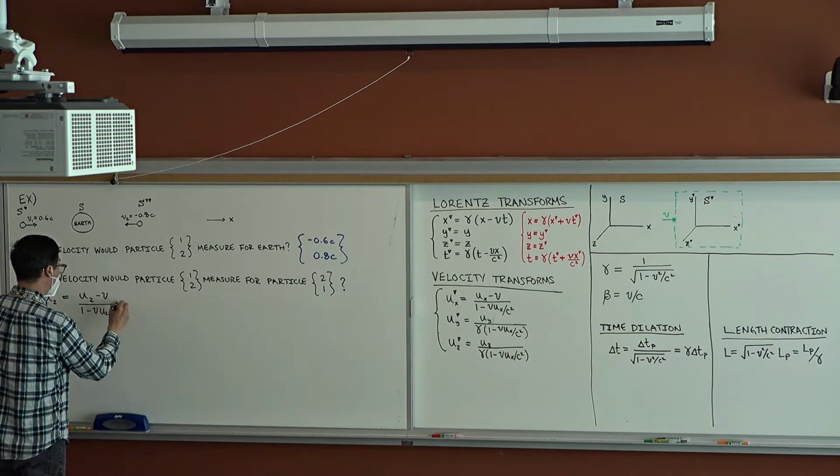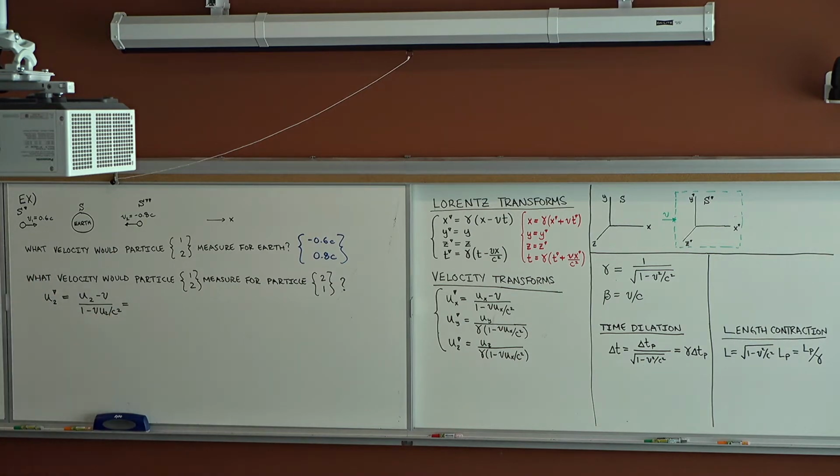Okay, that makes sense. So let's plug in values. So what is u2? u2 is 0.8 c.